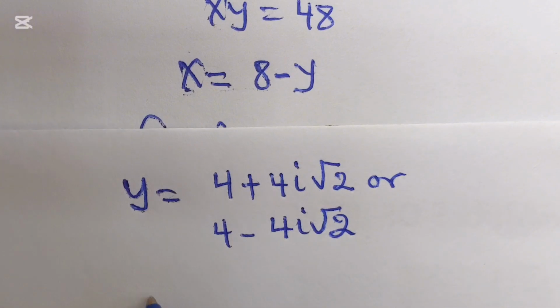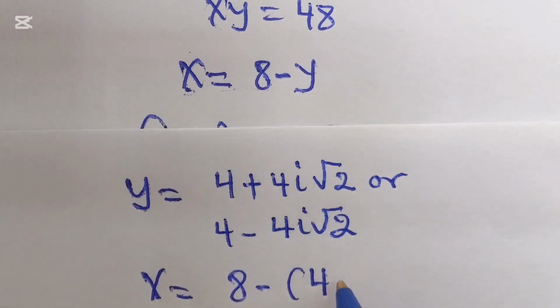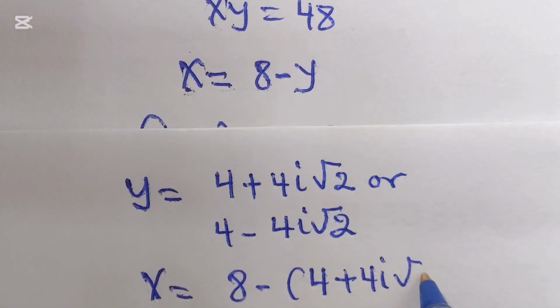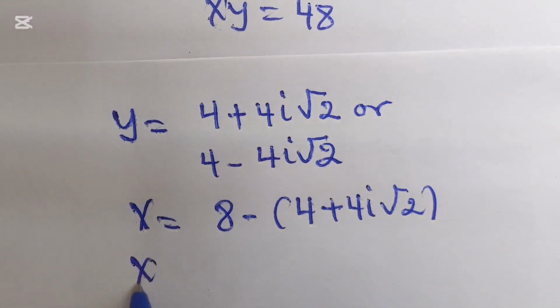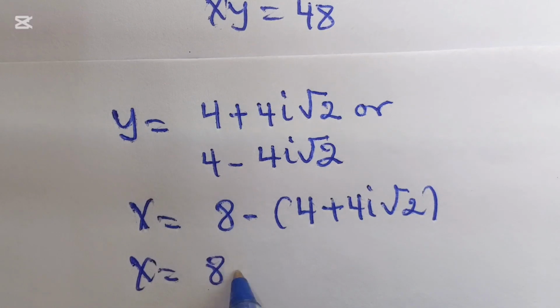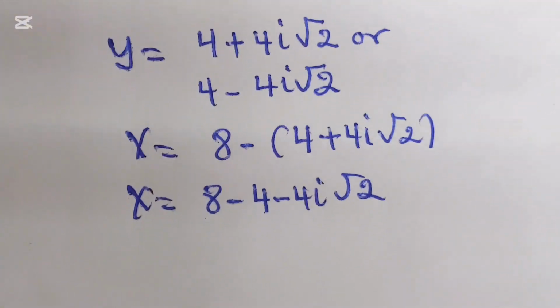Then x here will be equal to 8 minus 4 plus 4i square root of 2, right? Then x will be equal to 8 minus 4 minus 4i square root of 2, right?